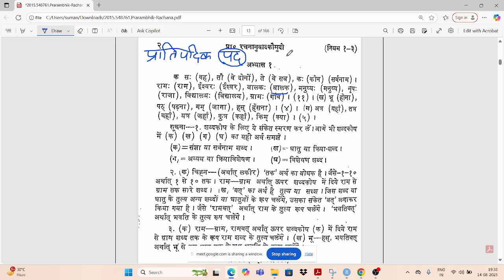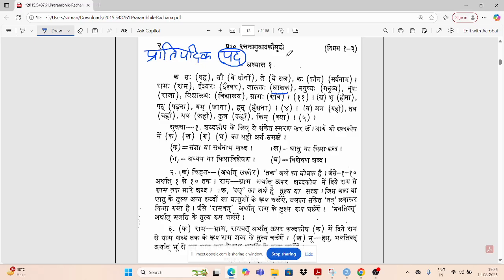Now, I also said, what is a pada? Pada is that which becomes part of a sentence and in conjunction with other words goes on to convey a unified meaning.